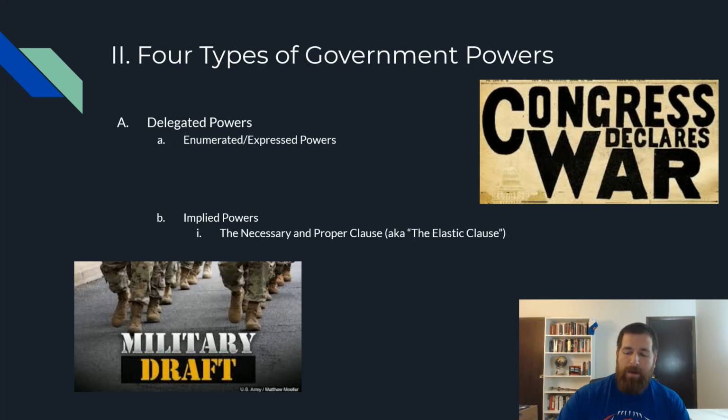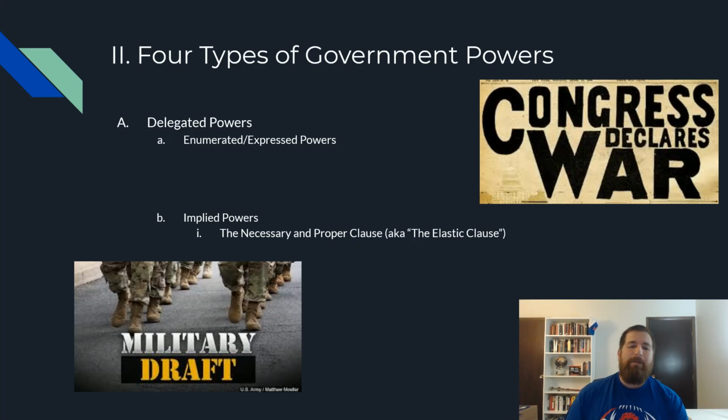The second category of delegated powers are what are known as implied powers. Implied powers are powers that are not expressly written within the Constitution anywhere, but they're relevant to those enumerated and expressed powers, and therefore the federal government has those powers so that they are able to carry out their job. An example that goes hand in hand with the enumerated power we just talked about: it is expressed or enumerated that Congress can declare war.